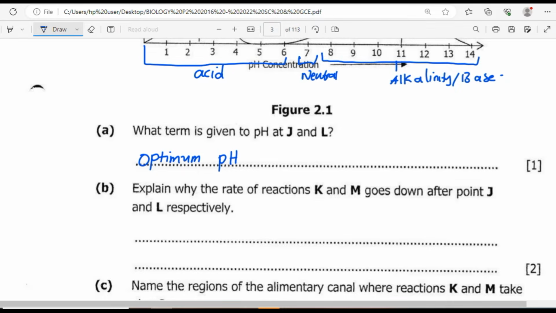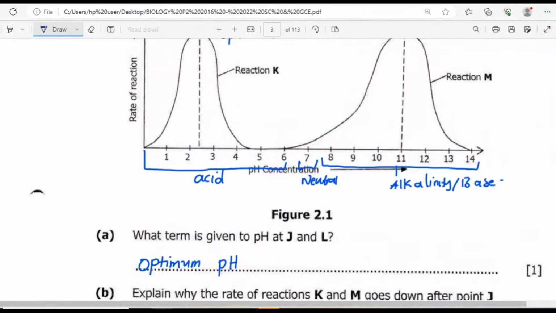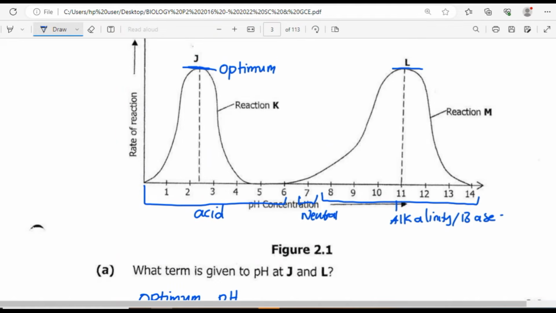B, explain why the rate of reactions K and M goes down after points J and L respectively. So let's go back. After reaching these two points, the two reactions respectively went down. Now let's see if we can analyze these reactions.